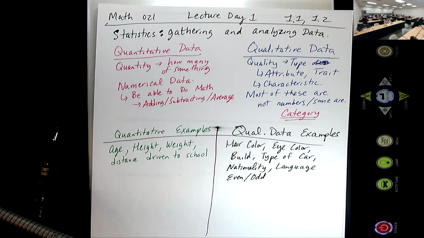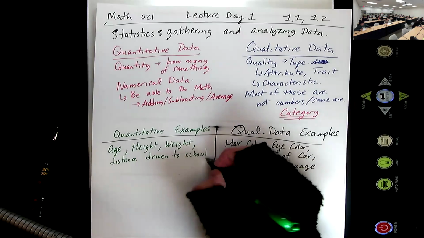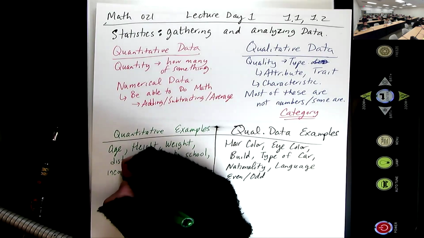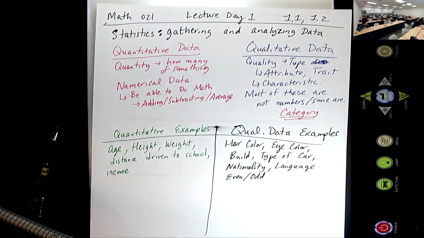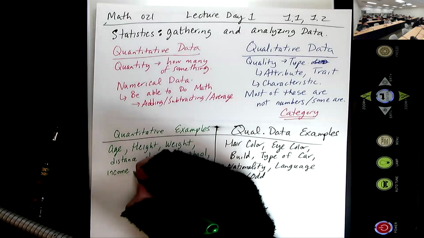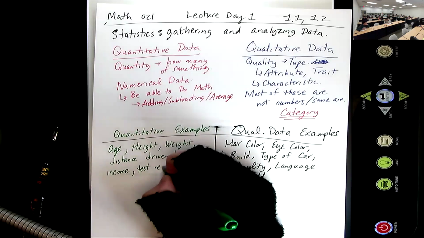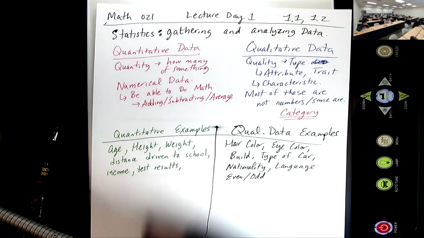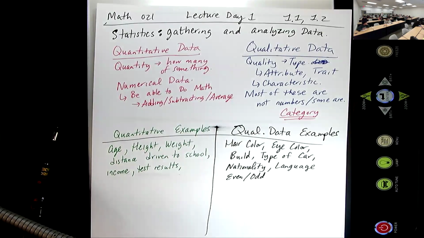Any other things that are number related that you think you could add? Subtract, maybe find an average of? Income. Test results. I do that all the time.